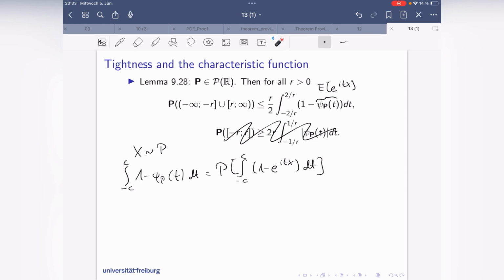So that was just the definition of this here, and exchanging the integral like this, exactly. We can integrate this because integrating 1 from minus c to c gives a 2c, and integrating e to the itX gives us a 1 over iX e to the itX, and that from t equals minus c to c, and the expectation here, like so.